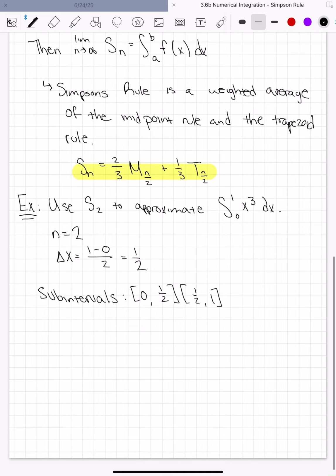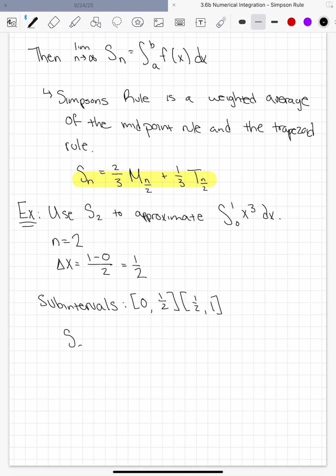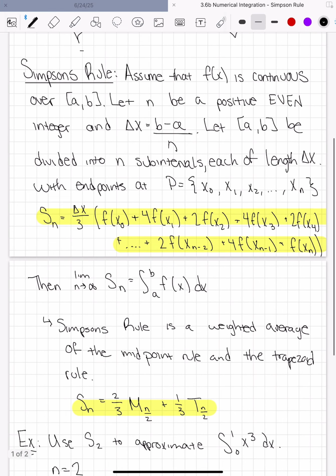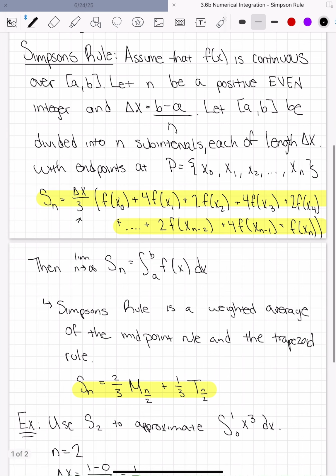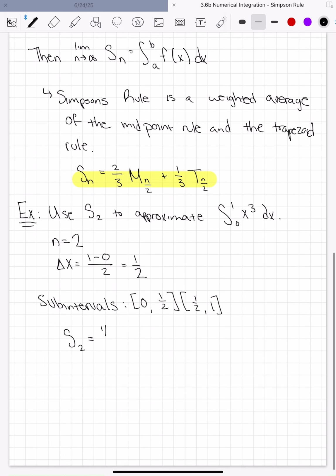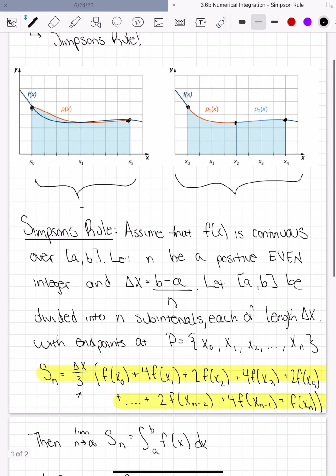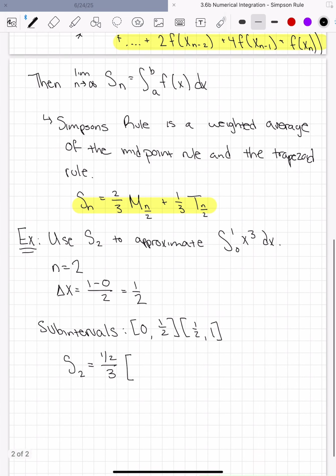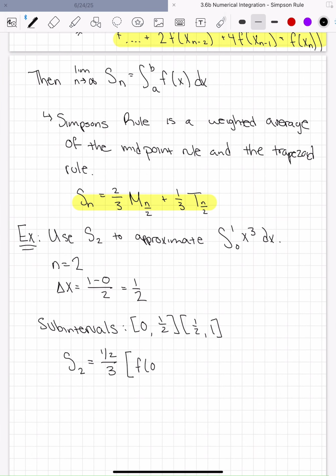And so then Simpson's rule, S2, right? Remember that out here we have this change in x over 3. So we have 1/2 over 3. And then we have, remember, the first one has no coefficient, and then it starts with 4. So the second one has 4 as a coefficient, and then the last one doesn't have any coefficient, right?